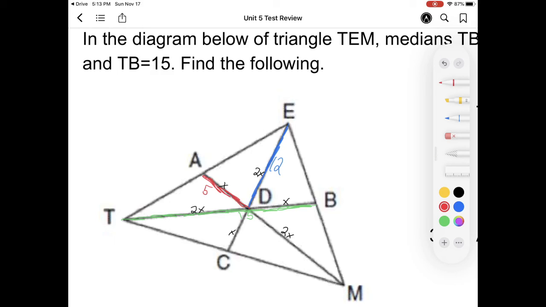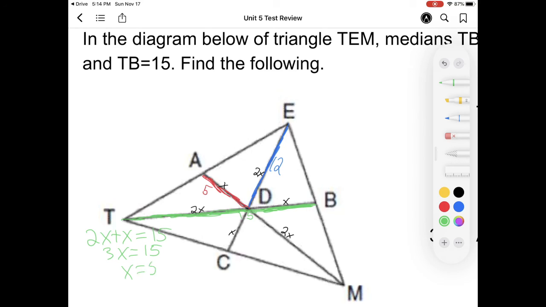So then you're asked to find certain things. The first one you're asked is to find TD. If the whole thing for the green one is 15, that means 2x plus x has to equal 15. You simplify to 3x equals 15.